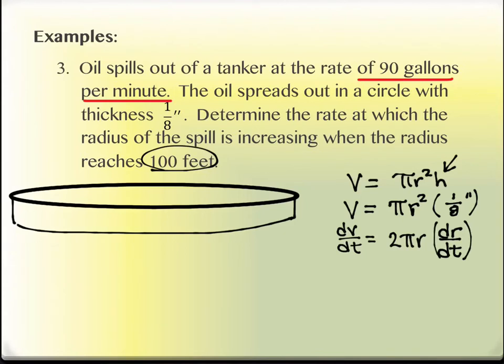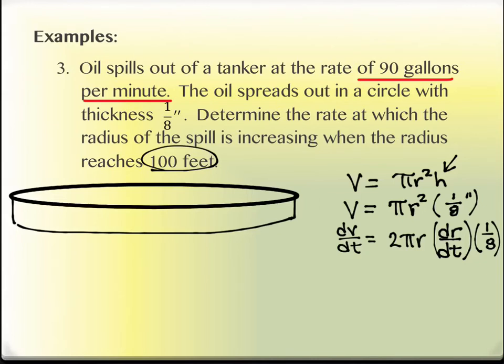The radius is changing as the oil spills out, the radius is increasing, and I still have my 1/8 of an inch thick out here. 1/8 is a constant, right? It doesn't go away. It's just multiplied by the result. Okay, so I'm going to push pause. I'm going to let you guys clear out, and then I'll finish this up after you leave.